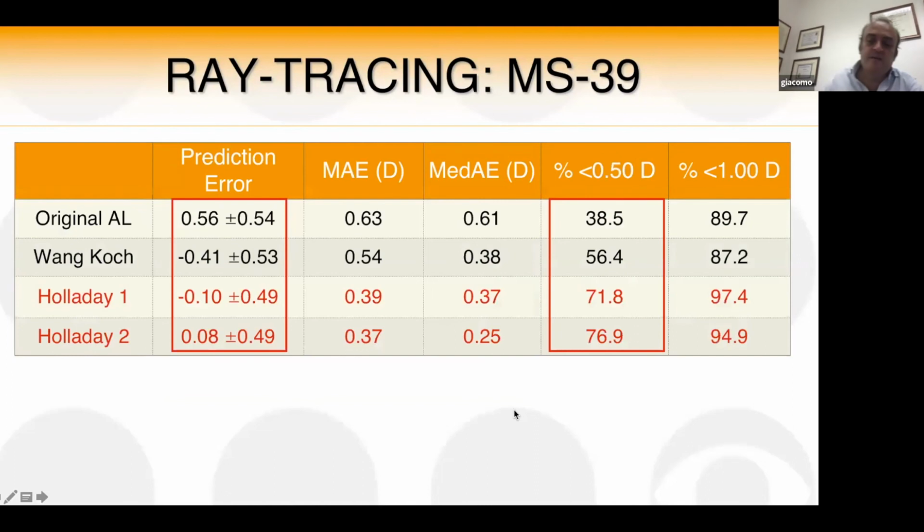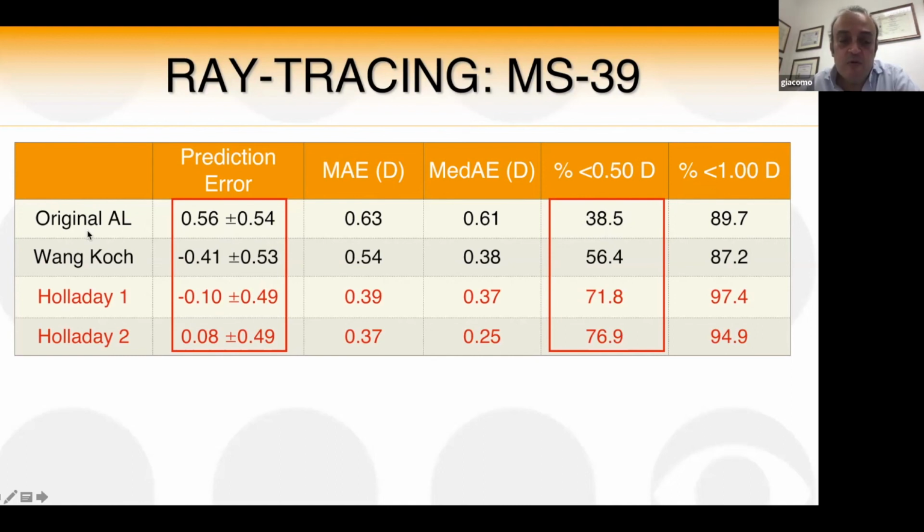And these are the final results that have been published. Let's start from the original axial length, the one from the printout. What do you get? A mean prediction error of 0.56, which means that if you do not adjust the axial length and use ray tracing, you get a hyperopic mean error with just 38% of cases within half a diopter, a very low percentage.